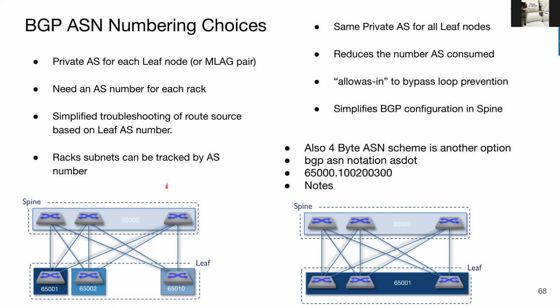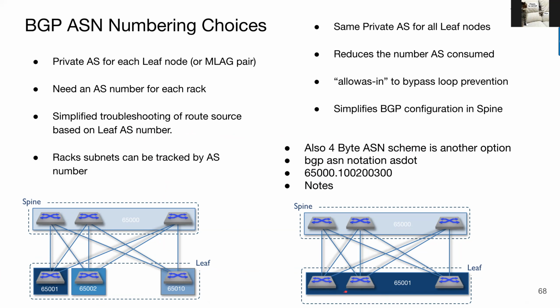And then do you have all of your leafs in different ASs, or do you just use one AS number for all of them? Most of the time I see the design choice on the left.